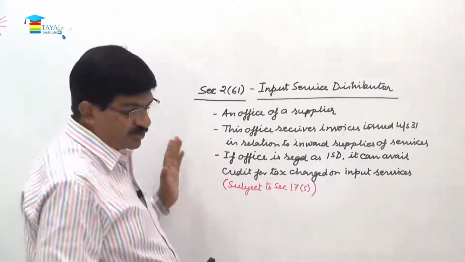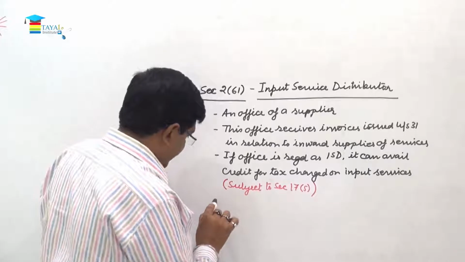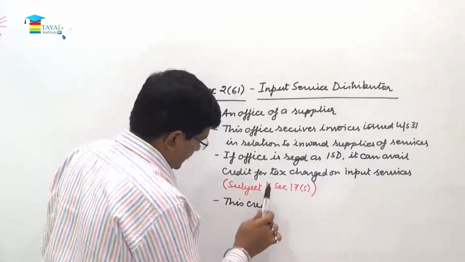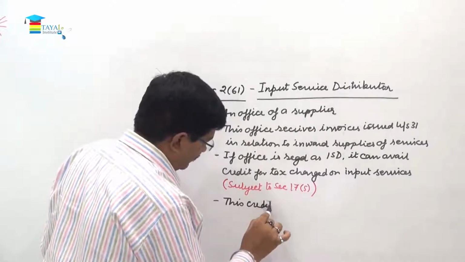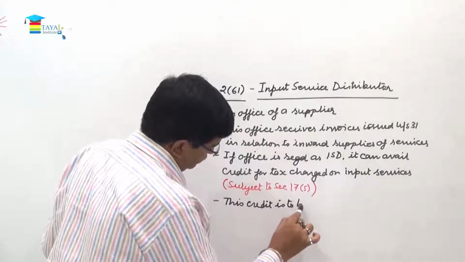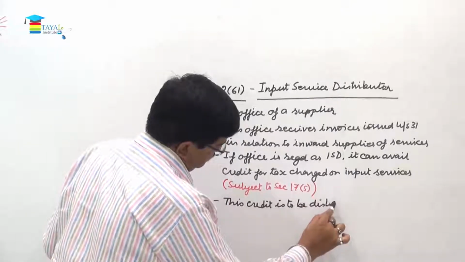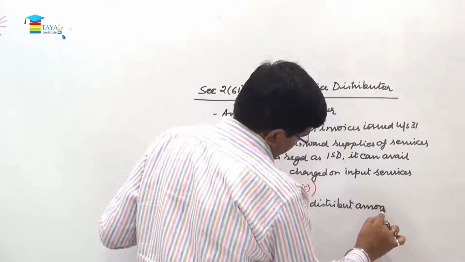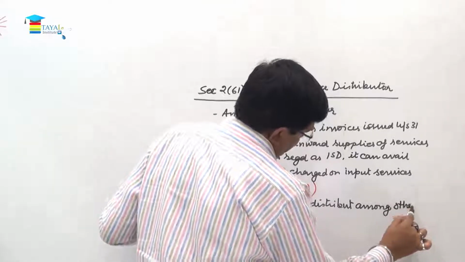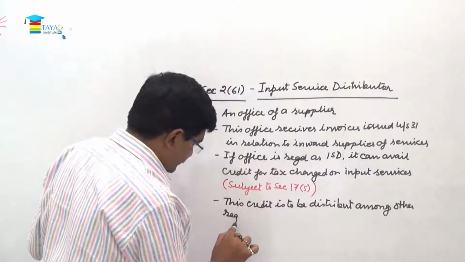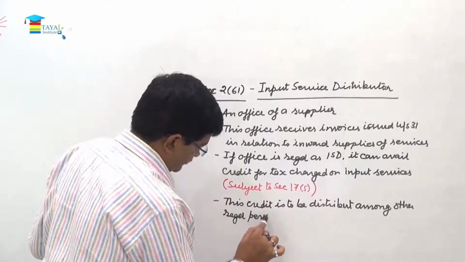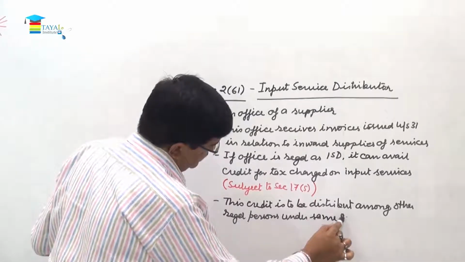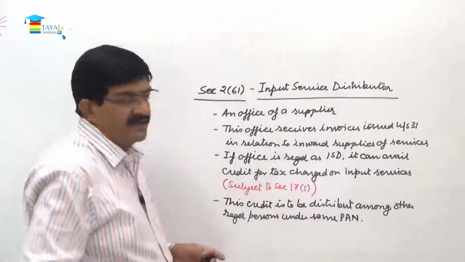So input service distributor can avail credit, and this credit is to be distributed among other registered persons under same permanent account number.